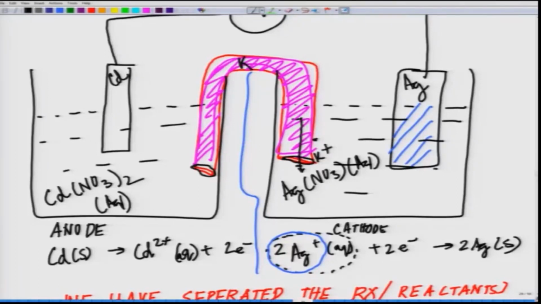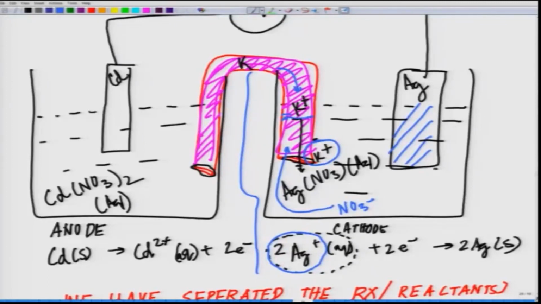Some of the potassiums are moving into this side, whereas some of the NO3 minus is moving out there. This is the small amount of movement of ions which is happening out here. It does not proceed further.